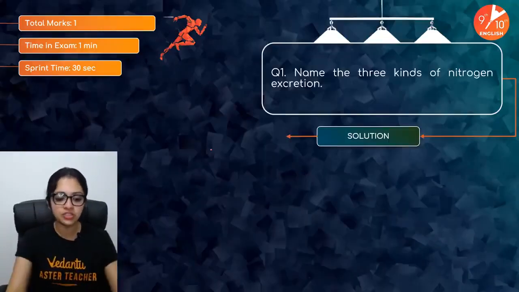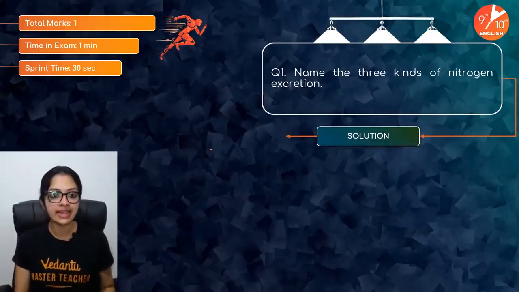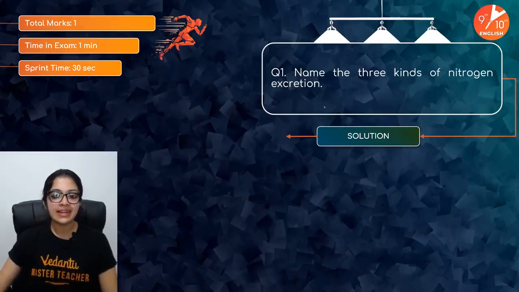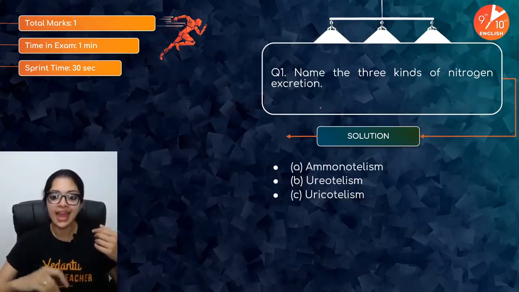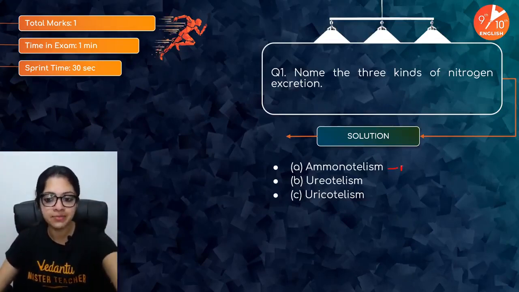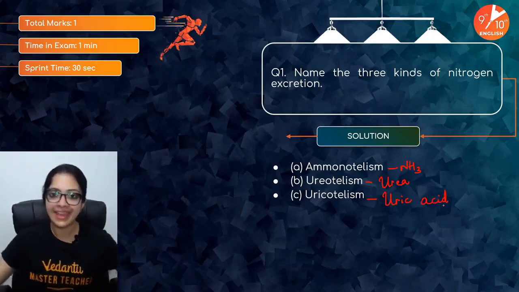Here is your question 1. Name the 3 kinds of nitrogen excretion. What do you think it is? 30 seconds for us to answer in sprint. The 3 types of nitrogenous waste excretion, what are they? Yes, and here it is. The 3 phenomena, which are ammonotelism, wherein ammonia is the waste product, ureotelism, wherein urea is the main waste product, and uricotelism, wherein uric acid is the main end product.